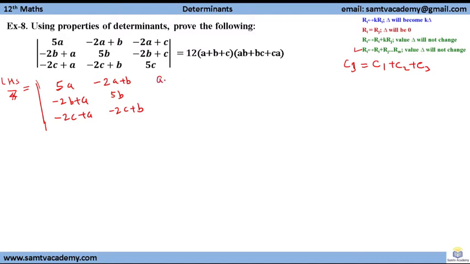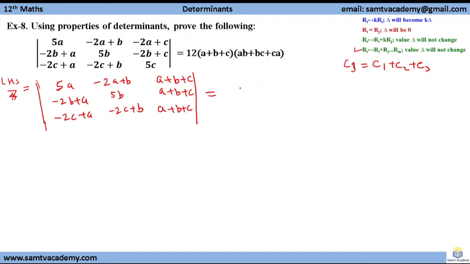So the first element in column 3 will be a + b + c. Similarly, minus 2b plus 4b is... 5b minus 4b is b, and a + b + c. Similarly, the third also gives a + b + c. Now we can take a + b + c common.